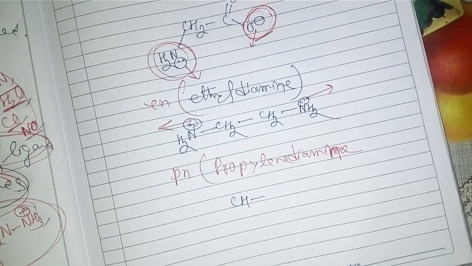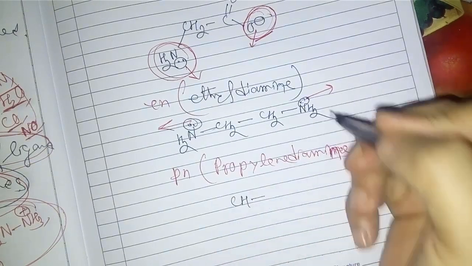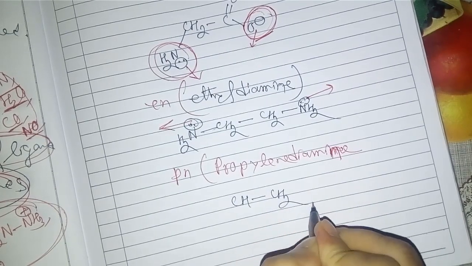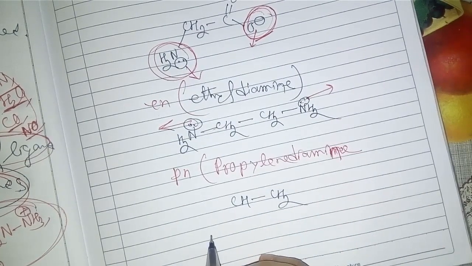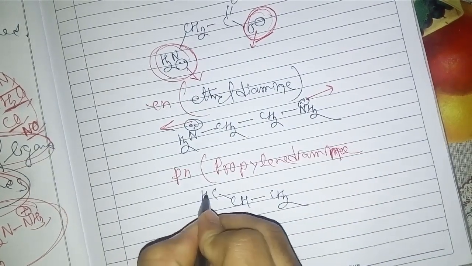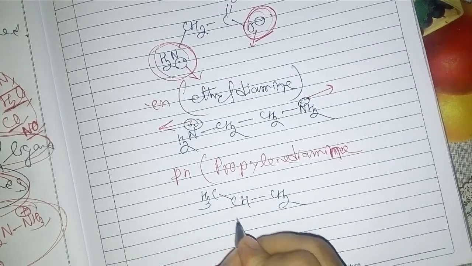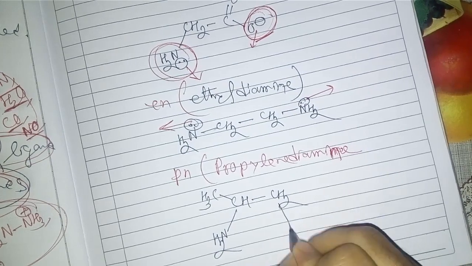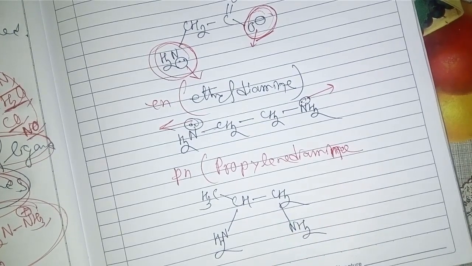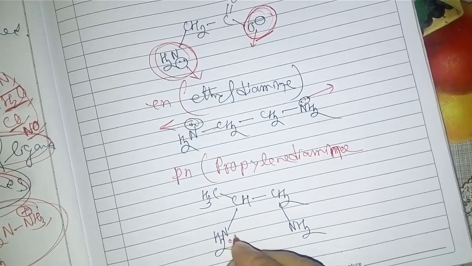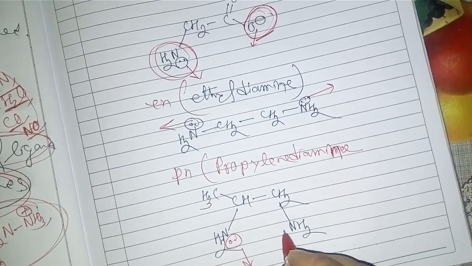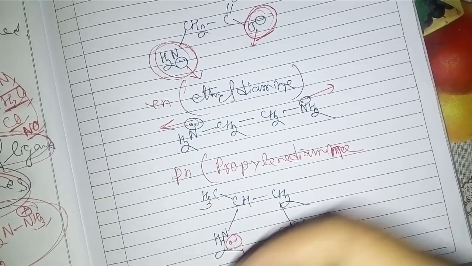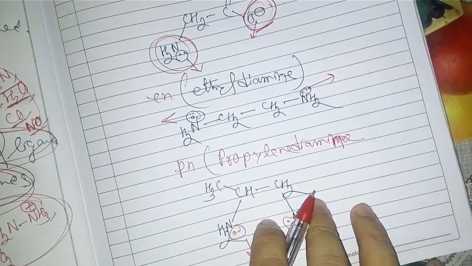When chelate formation occurs, this structure is needed. You have to practice writing it 3-4 times. Then NH2, here also NH2. So one donor site here and one donor site here. This is neutral.